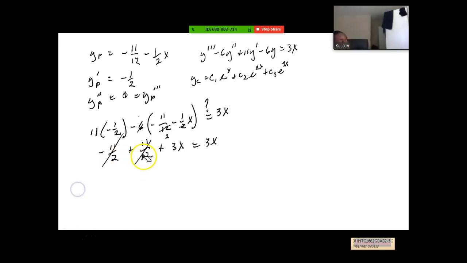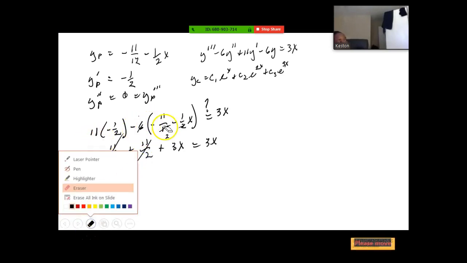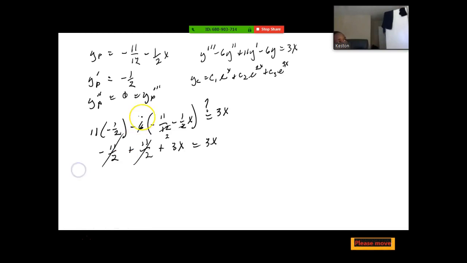I wrote a 12 and it should have been a half, right? Because I did 6 into 12 was 2, and that would give you positive 11 halves. I wrote down 11 twelfths. Yeah, so that adds to 0. That gives you that. So it was pretty easy to show if you didn't write down the wrong number.